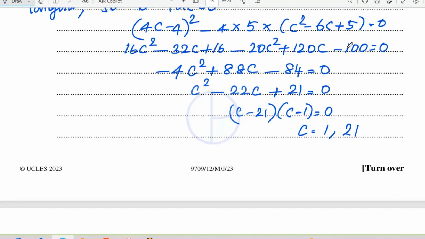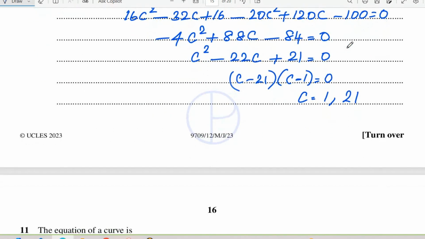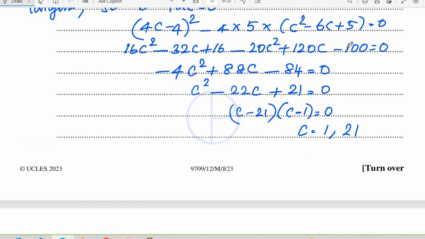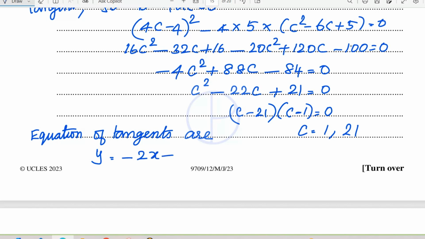So the equations of the two tangents are y is equal to negative 2x plus 1 and y is equal to negative 2x plus 21.